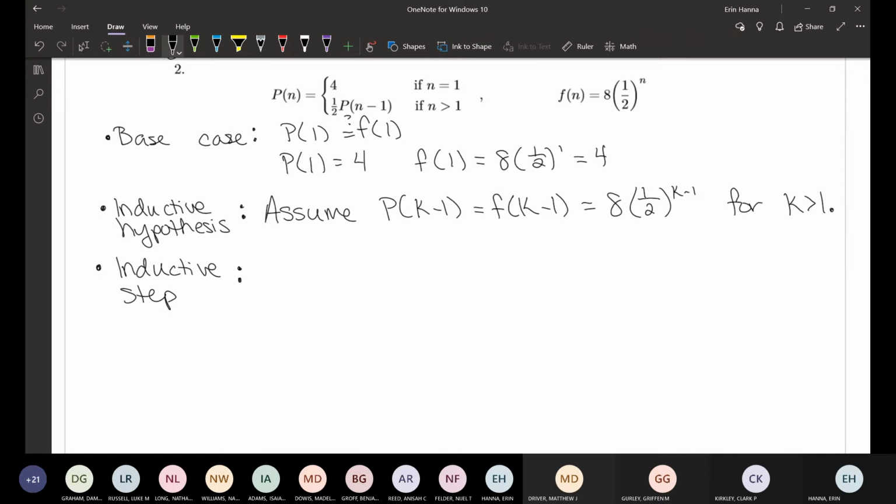Start with P of k. Use the recursive definition to say what that would be equal to and try to use your inductive hypothesis. So P of k equals 1/2. So I don't know why I put a parenthesis there, but I'm going to keep it. K minus 1.